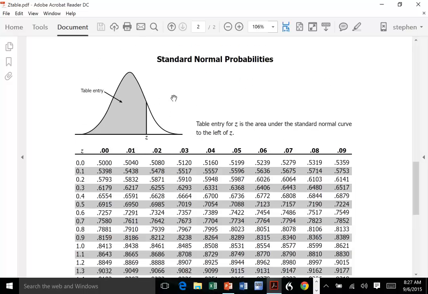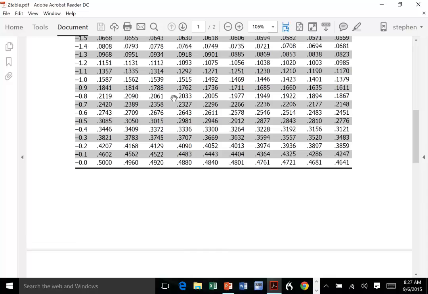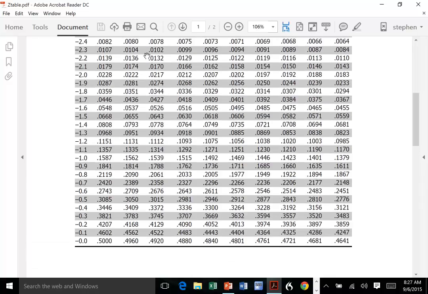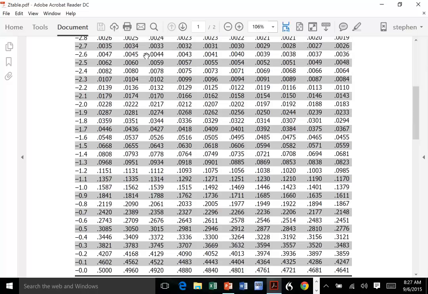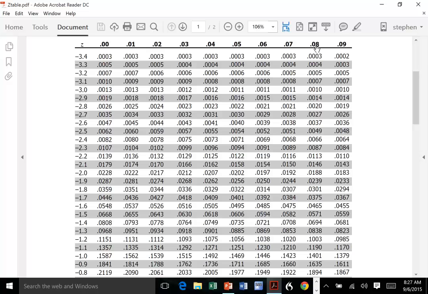Should I do this for 0.01? Okay. So we're going to look up 0.005. And we find 0.005 right between these two values. And so it's minus 2.5, and this column is 0.08.